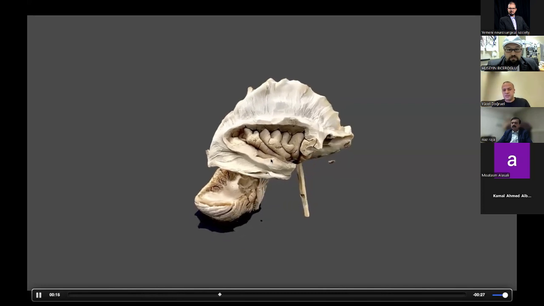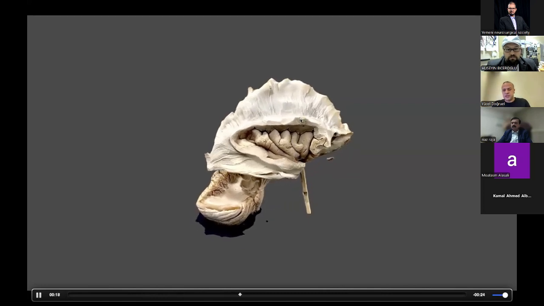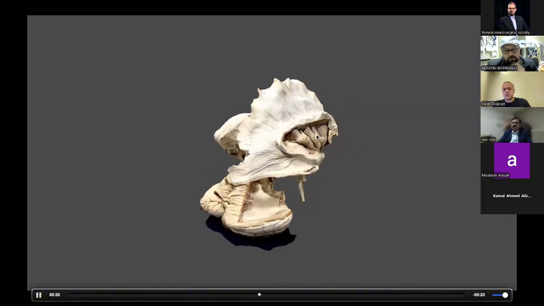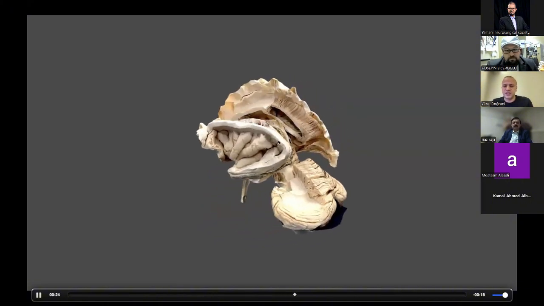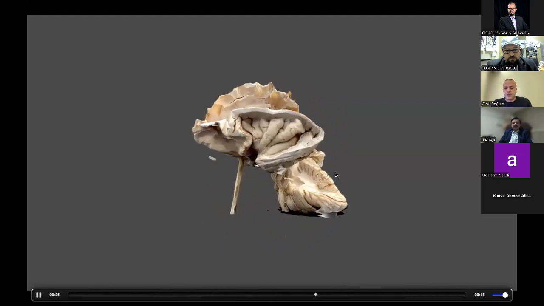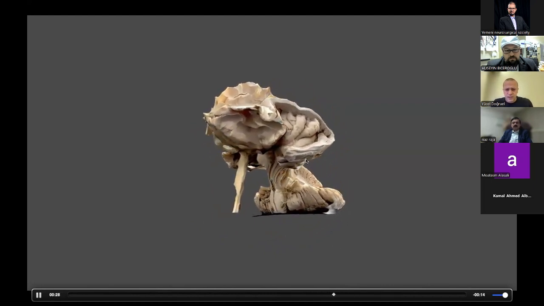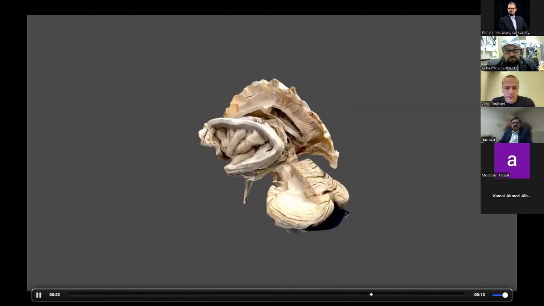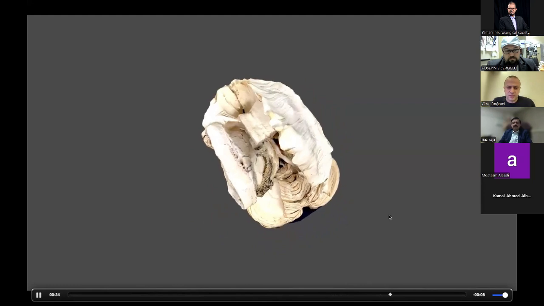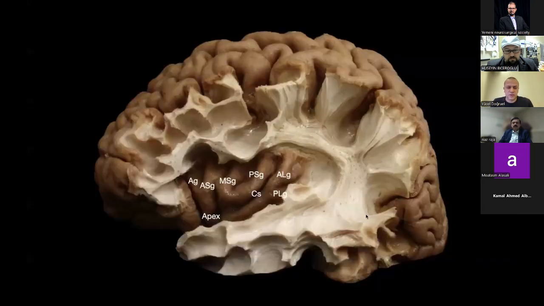This three-dimensional model shows some relations with its neighboring structures and its orientation with the ventricles. Now we will go deeper into its neighborhood and its sulci and gyri.